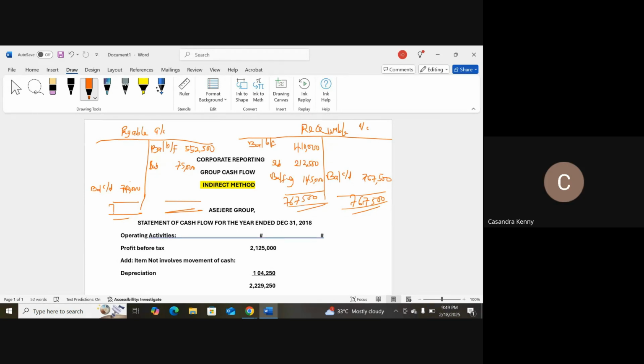The debit side is higher, meaning the closing balance, which is 2018. Then the balancing figure. The balancing figure is how much? 112,500.